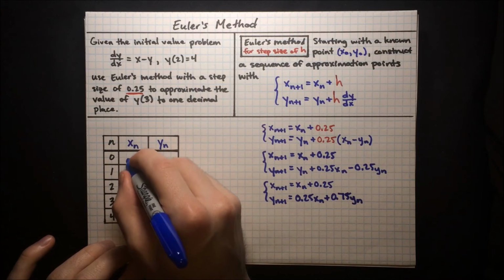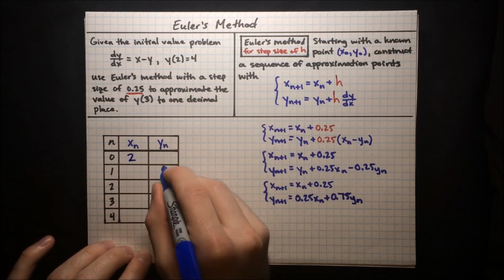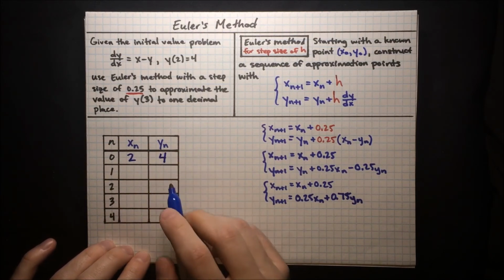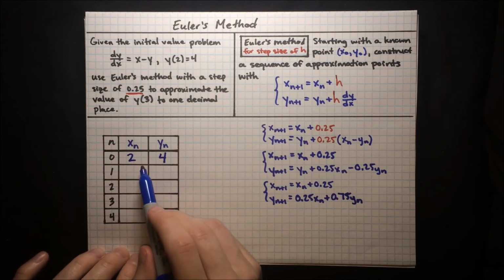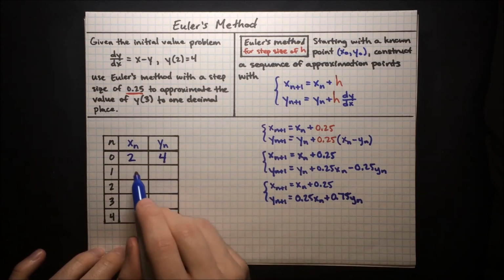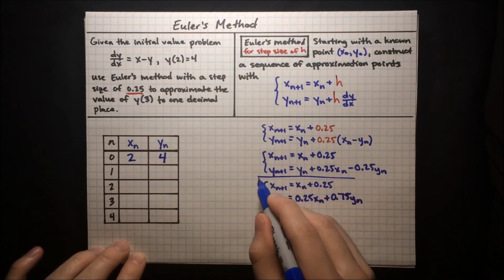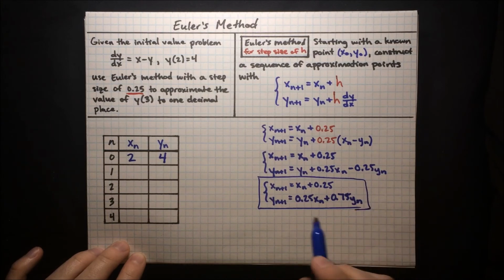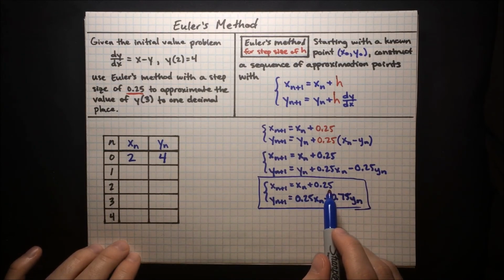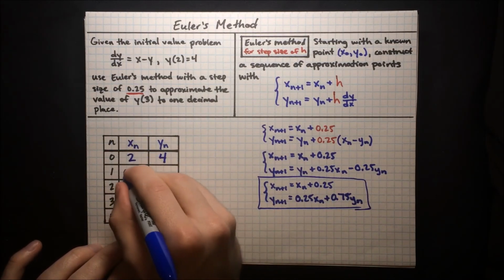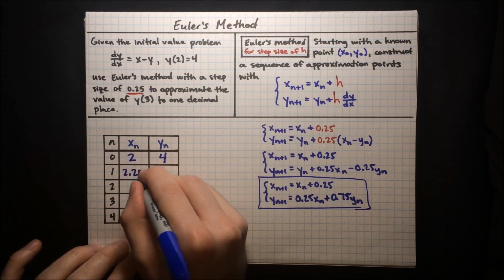So starting out with x is 2 and y is 4, now we just have to iterate a few times. Let's update our x using these equations. So x is increasing by 0.25 because that's our step size. So we've got 2.25.